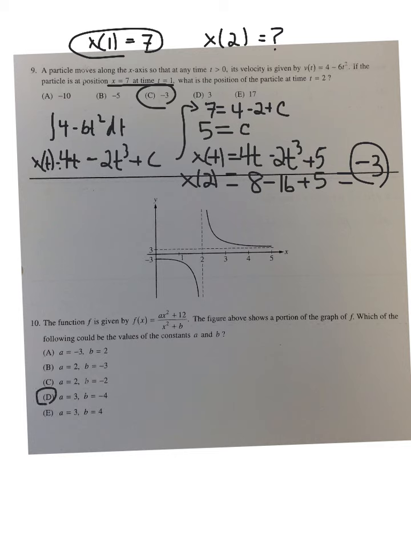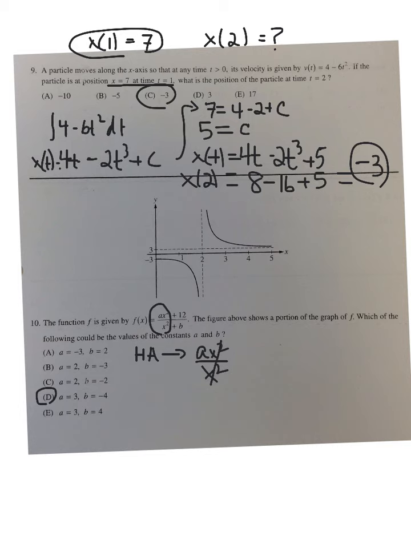Now they're talking about horizontal and vertical asymptotes. So I'm going to start with horizontal asymptote. It doesn't really matter which one you start with, but horizontal asymptote, hopefully you remember, we should be doing end behavior. So when I do that, I'm going to get ax squared over x squared. And that's going to cancel out because those are common factors.